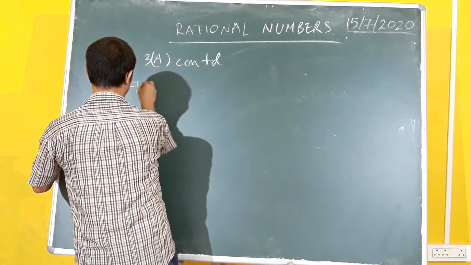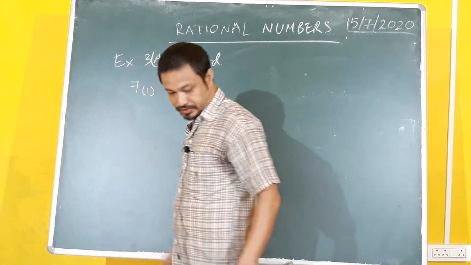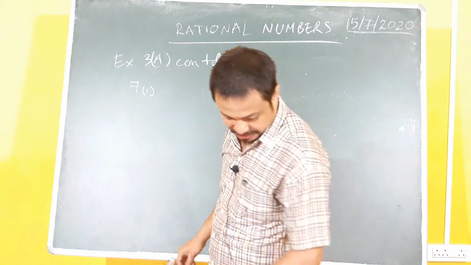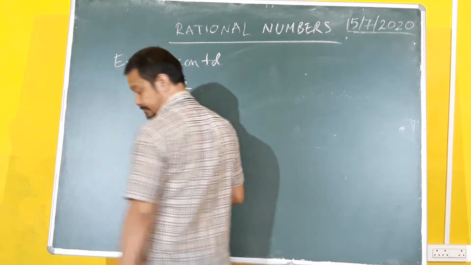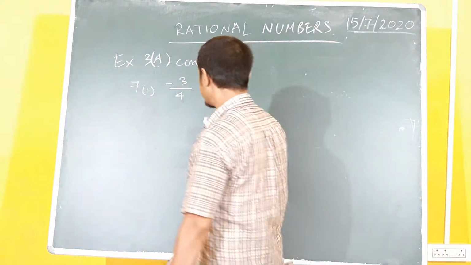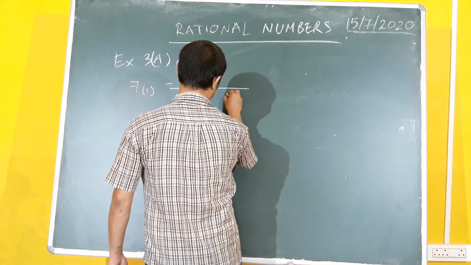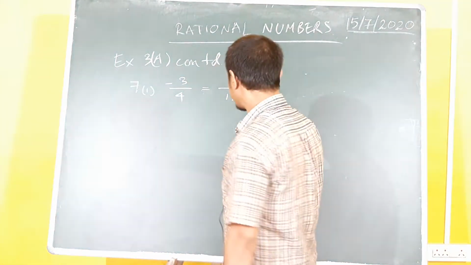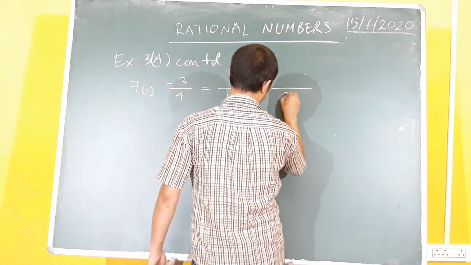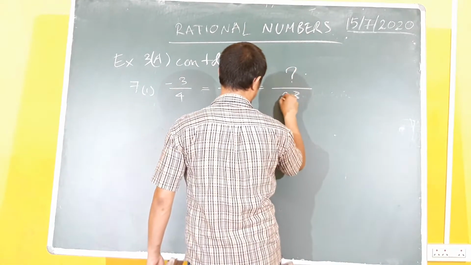Move on to number 7, 1. If you look into the book, the question is minus 3 upon 4 is equal to blank upon 12, you have to fill in this blank, is equal to blank upon 28, you have to fill in this blank.